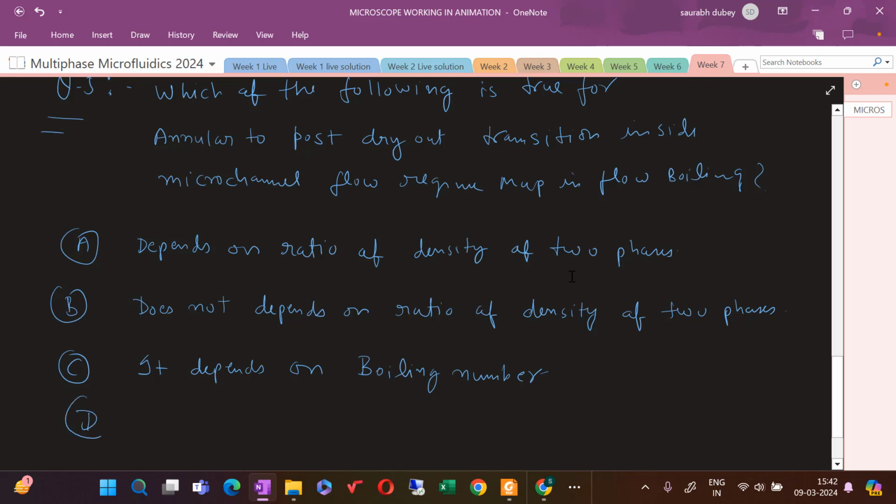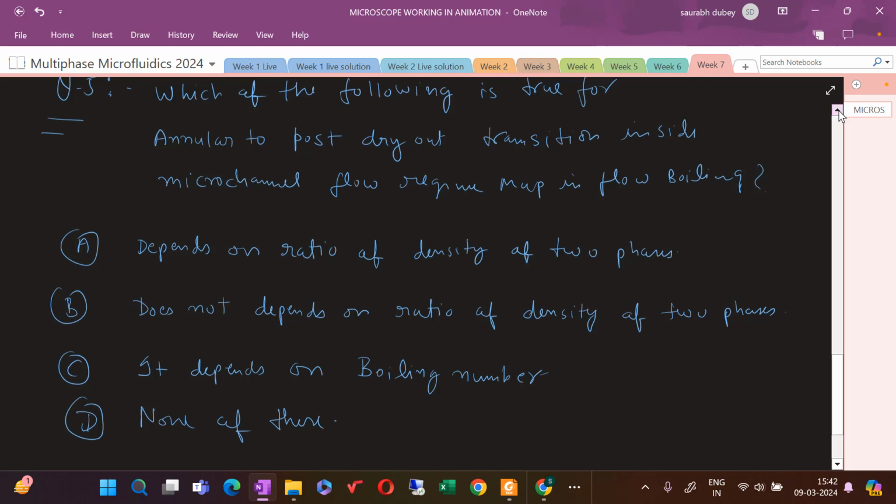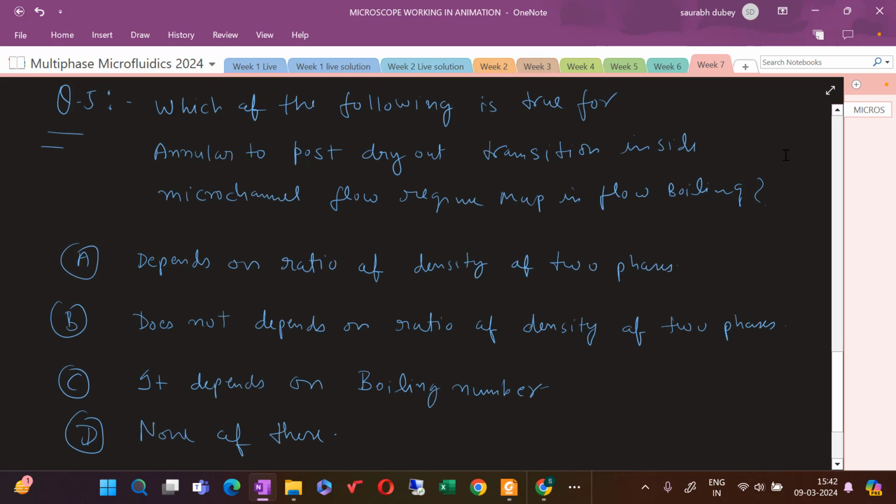This is basically taught in the first lecture of the week. We are taking the first lecture and the second lecture of the week courses together, and then we will be going to the third lecture of the week.